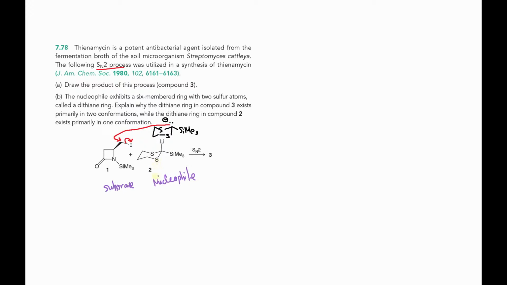So it's easier for us to keep the nucleophile as it is, and then just rotate the substrate 180 degrees and stick it up there. So let's just keep our nucleophile intact.